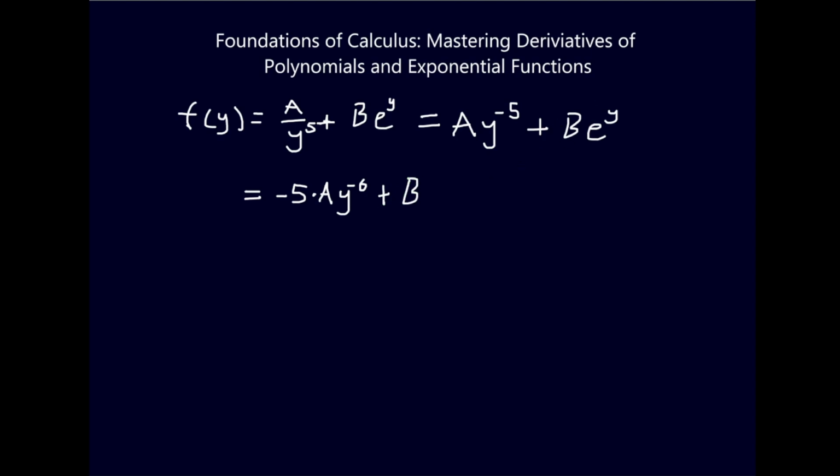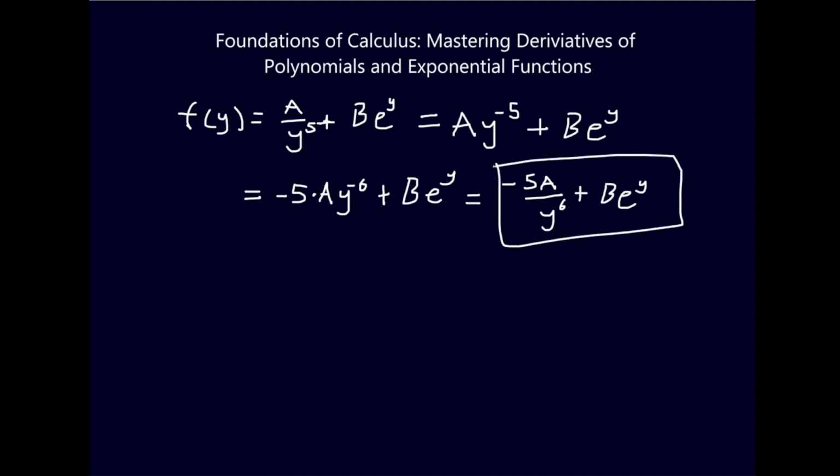Nothing gets brought out, so it's just b e to the y. If we wanted to write this as before as well, we could simplify it further as minus 5a over y to the 6 plus b times e to the y. And that's the answer for our first problem.